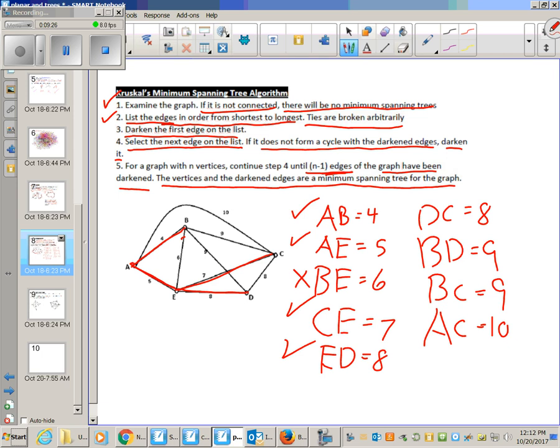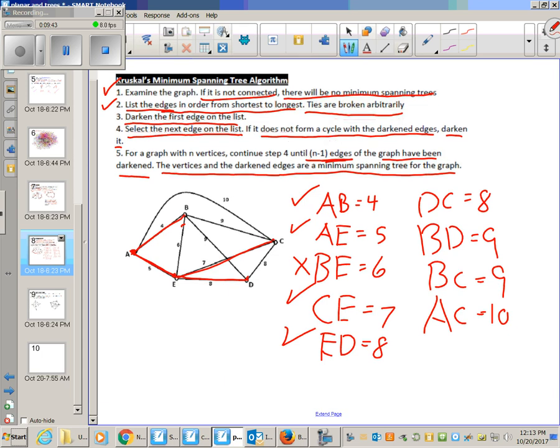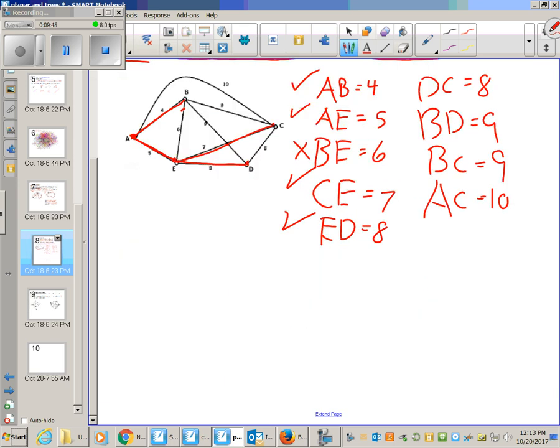And we have a subgraph that connects all the vertices together, A, B, C, D, and E. There's no circuits. This is a minimum spanning tree. You don't have to redraw it. I'm cool with you just leaving it like that on the quiz, but this is our minimum spanning tree subgraph.